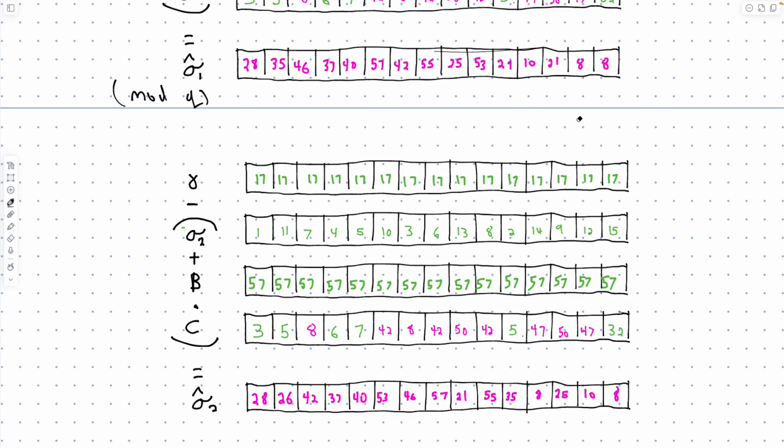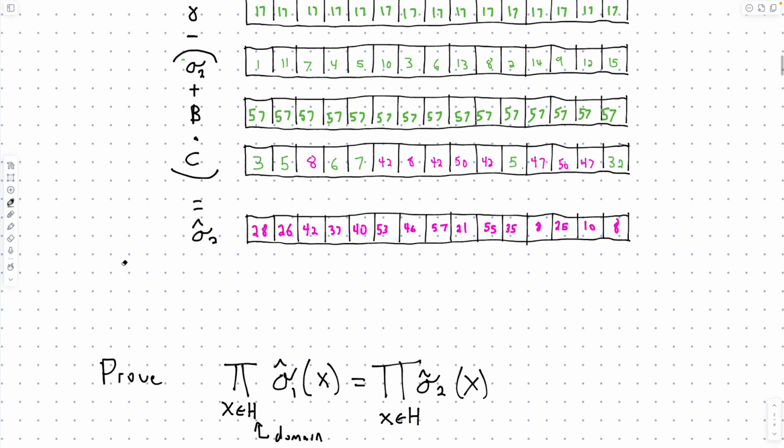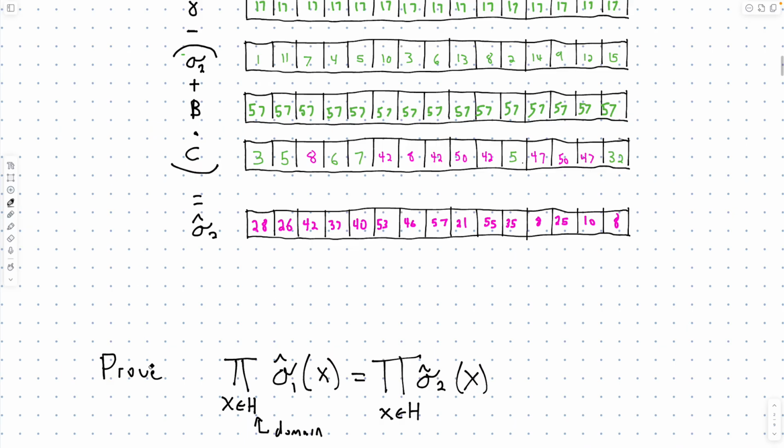But in Plonk, you're never going to reveal that value, the 25, okay? You're just going to prove that they have the same value. Whatever that value is, it's not going to be disclosed. So this is what we want to prove.